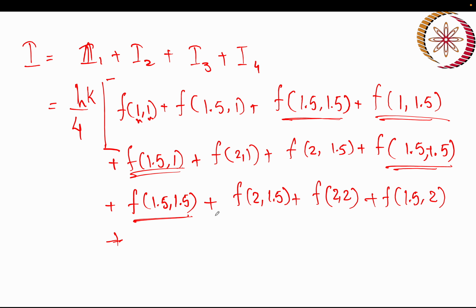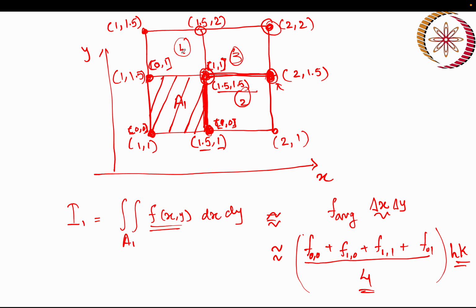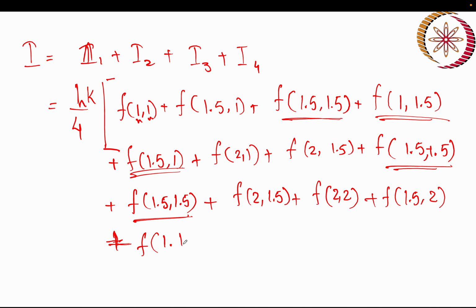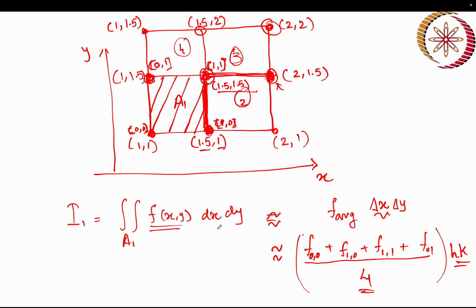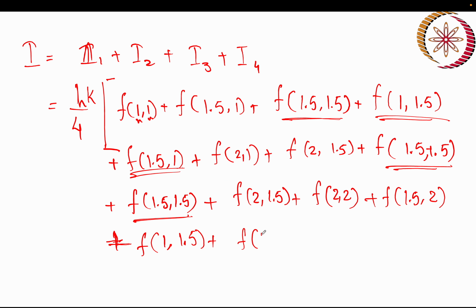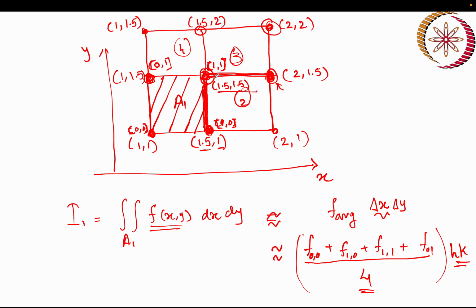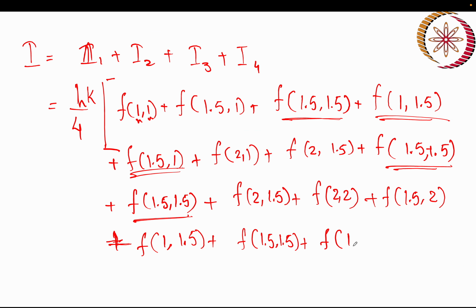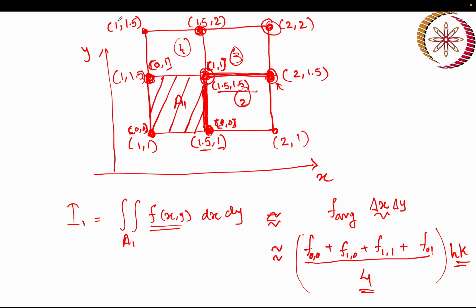We'll see the common terms later. Now we are left with the last block, where we'll again start with 1 comma 1.5 plus 1.5 comma 1.5. This is just to show you how this repeats, and once we come up with a simplified form, we'll consider this term 1.5 comma 2, and the last term is 1 comma 1.5.